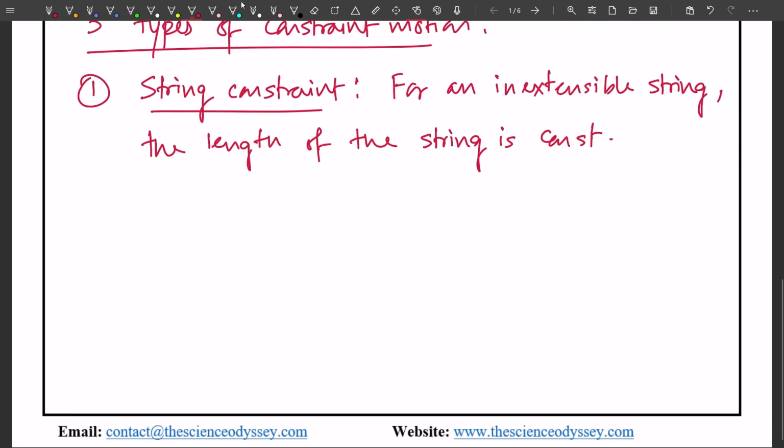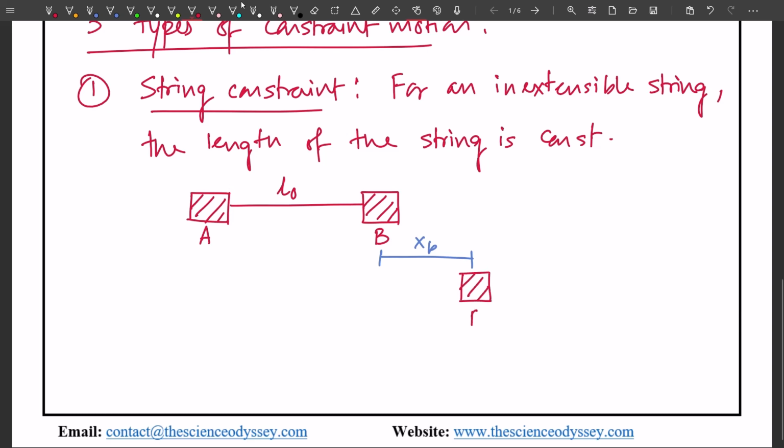To explain this, let me take an example. Let's say I have two blocks connected with a string. This is block A, connected with a string, and we have block B. Let's say the initial length of the string is L0, and if I displace the block B by a distance xb towards the right, the final position of block B will be somewhere here, and as a result of that, block A will also get displaced.